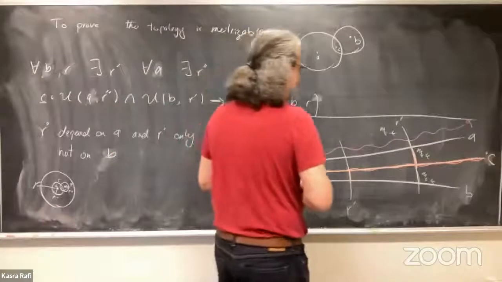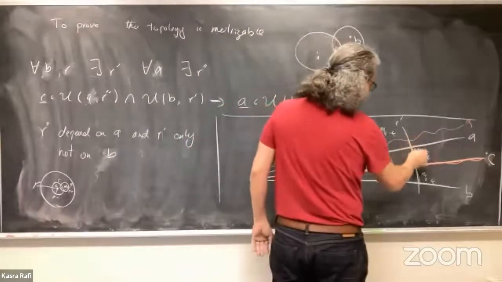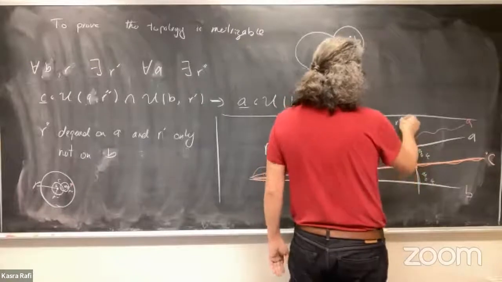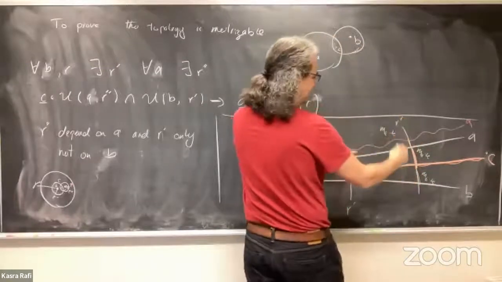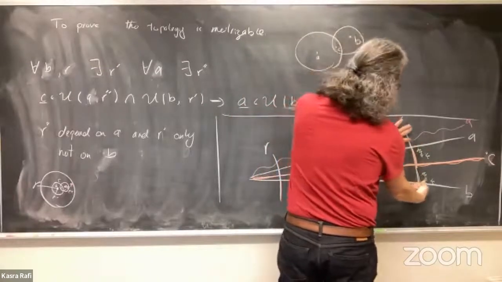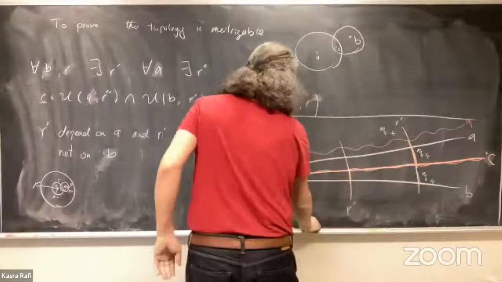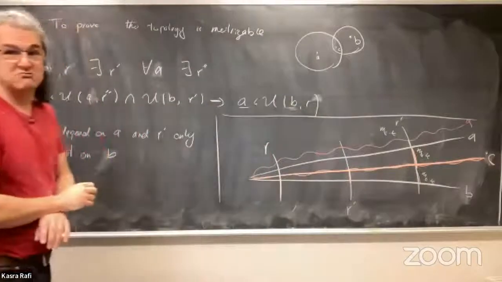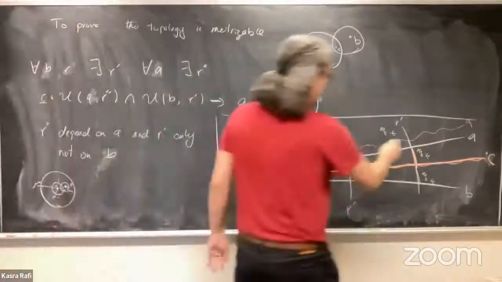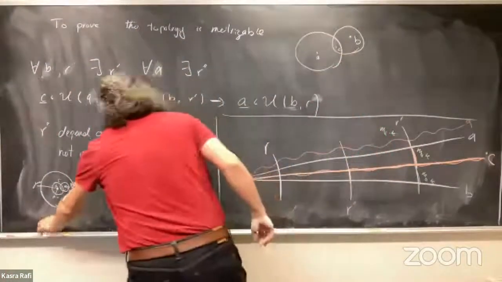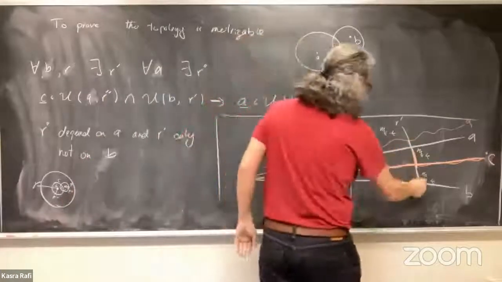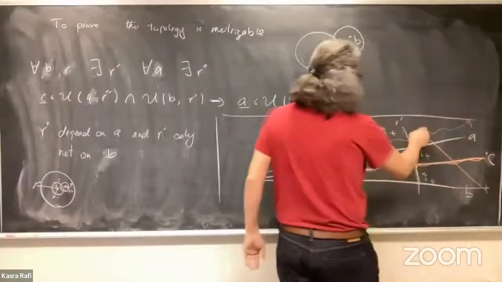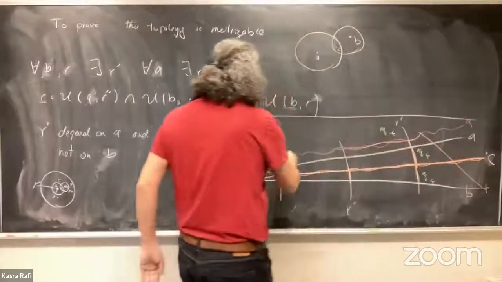But there's some other trick I have, which is that these three sublinear functions are really less than linear. So I can make this R prime big enough to make sure that these numbers are less than R over 2 at most. So I can do that. So what I do then is, since this is very close, I pick a point really far away from here, and I connect it to this alpha, and I produce a quasi-geodesic like that.